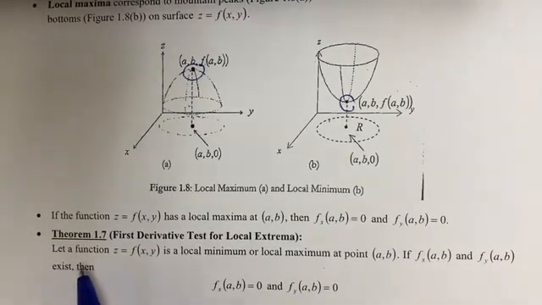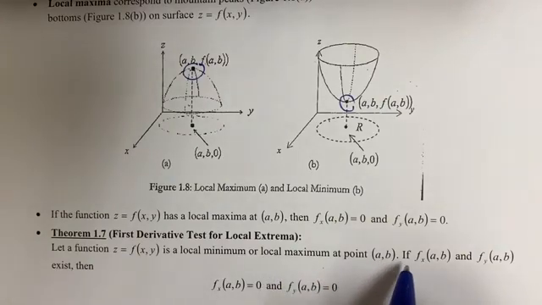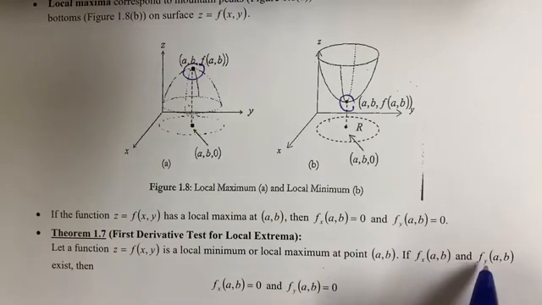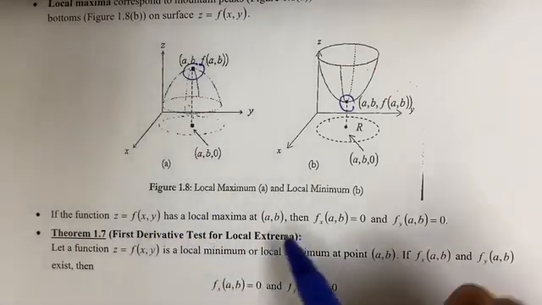So let a function z = f(x,y) have a local minimum or local maximum at point (a, b). If fx(a,b) and fy(a,b) exist, then both fx and fy are equal to 0. This has been proved by theorem 1.7.